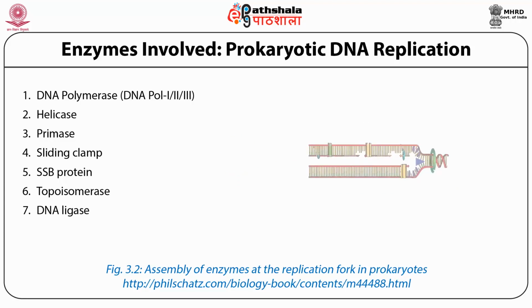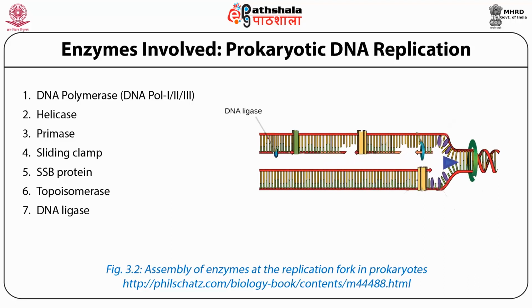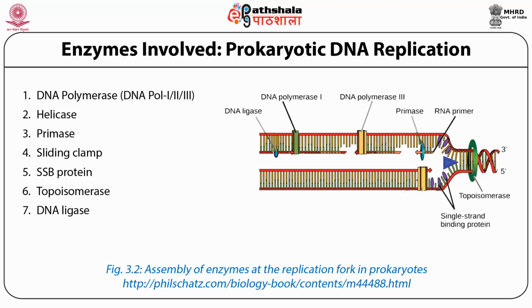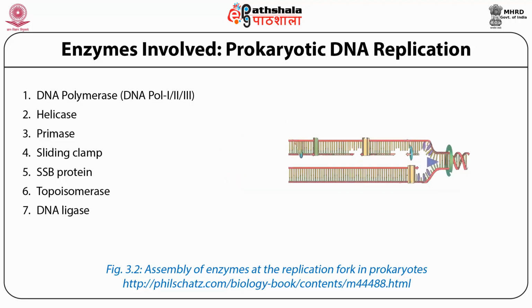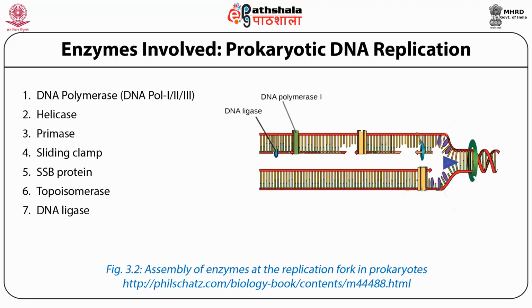Other important enzymes are the sliding clamp, which holds the replication complex in position; the single strand binding protein, which stabilizes the single strand of DNA; topoisomerase, which helps in unwinding and releasing the tension created by unwinding of DNA; and DNA ligase, which seals the gap between consecutive Okazaki fragments.